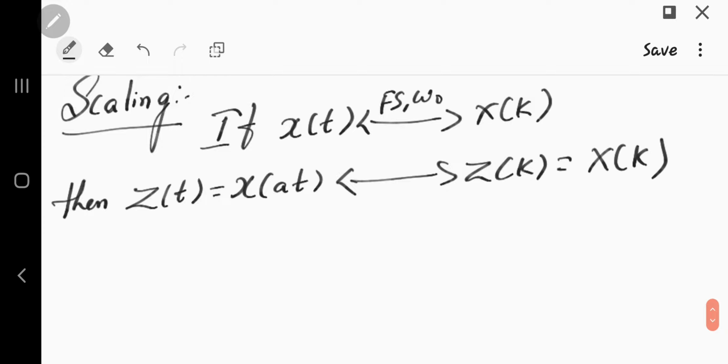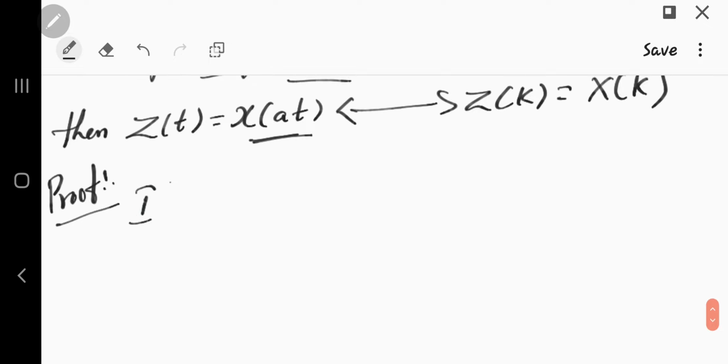So scaling. In frequency domain it will be the same. Here we have a small catch. We are performing scaling operation, so that means the fundamental period will not be the same for these two. So how I'll represent this here.